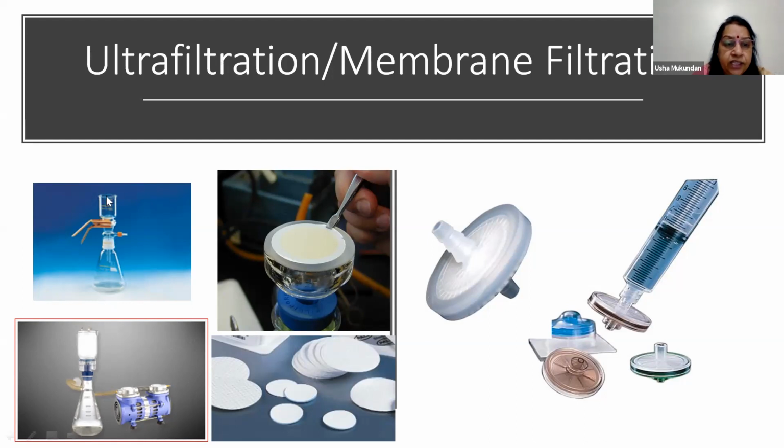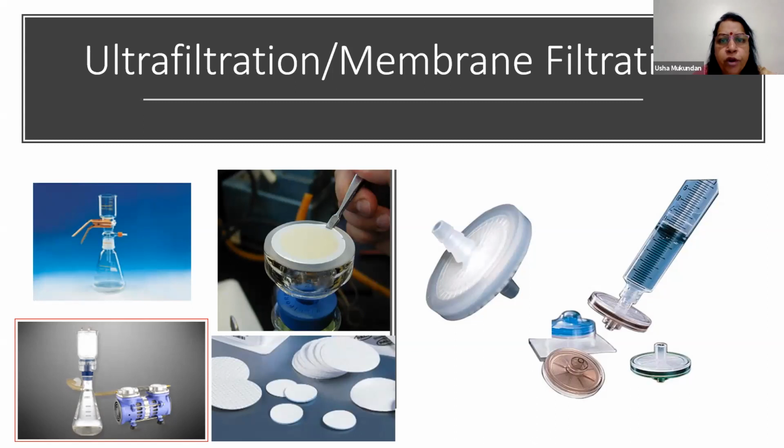Now here, as you can see, there's an upper cup and this is the medium portion on which the membrane filter is placed. And this is attached to it, and you can see there's a very big holder here. Whenever you are pouring liquid over this membrane, it is not going to move easily. Why? Because the pore size of the filter is 0.45 microns or 0.22 microns.